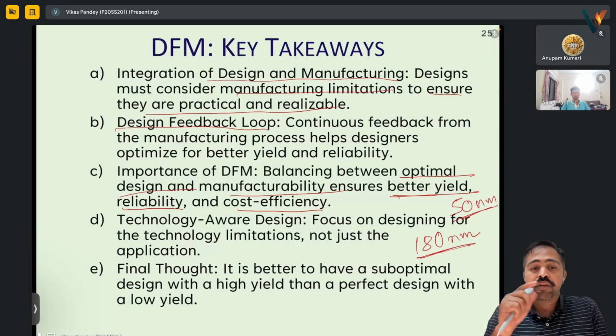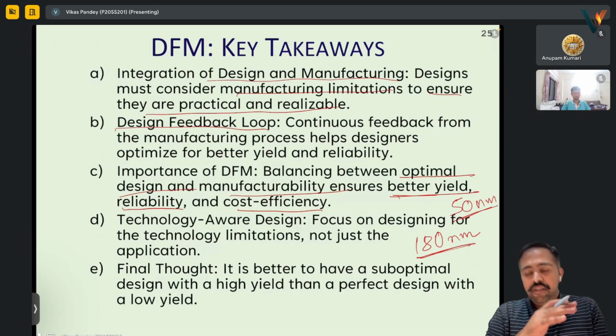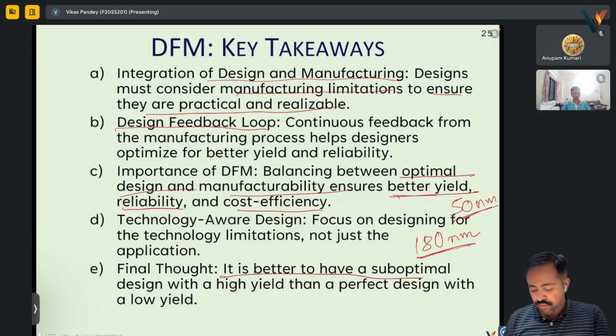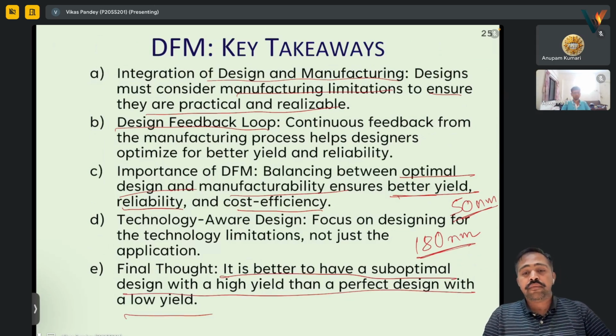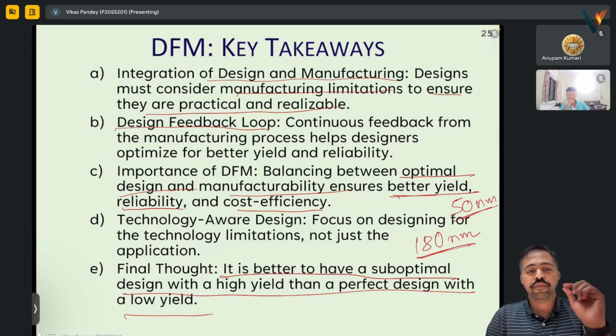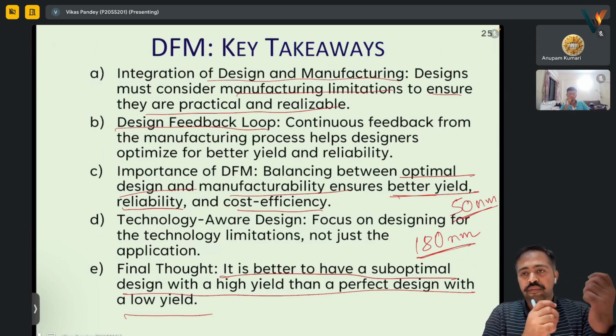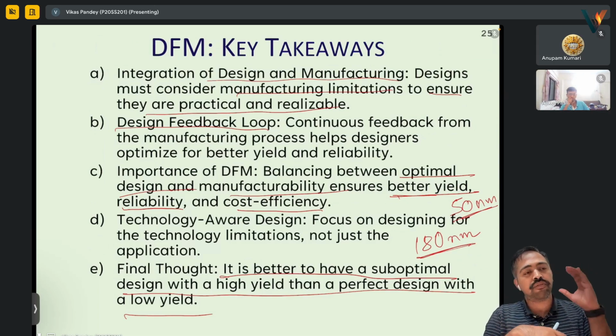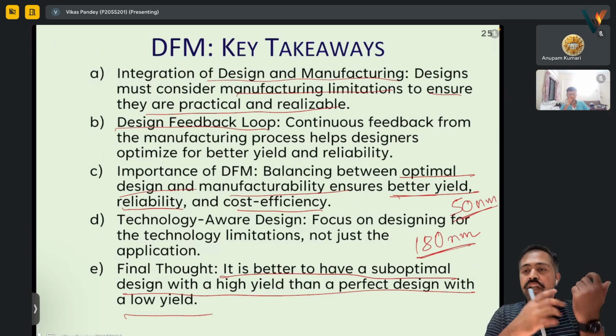It is better to have a suboptimal design with a high yield than a perfect design with low yield. This is something we have to keep in mind: it is fine to have a design that gives good yield and good work instead of a very perfect design that gives the perfect output but the yield is low.